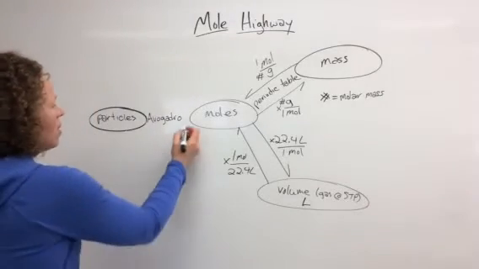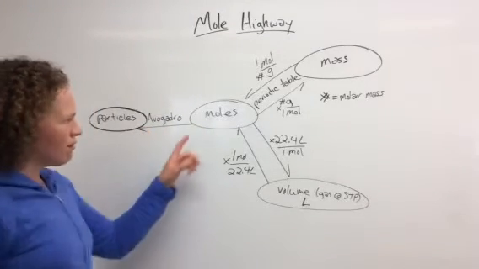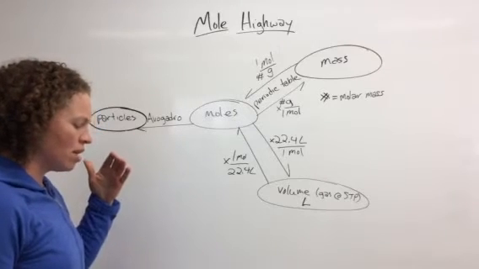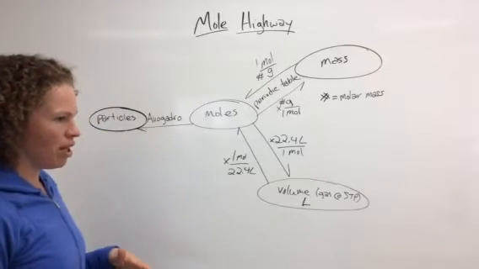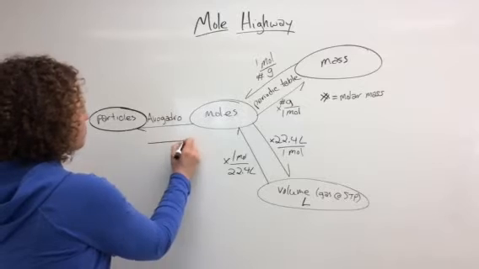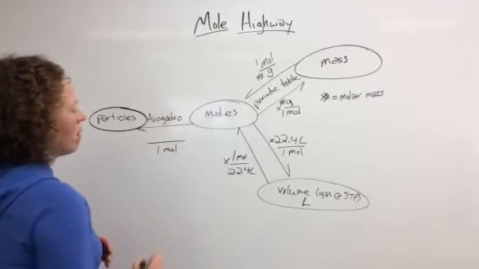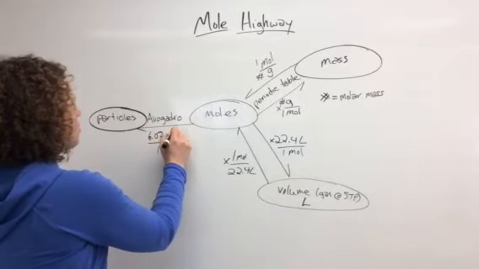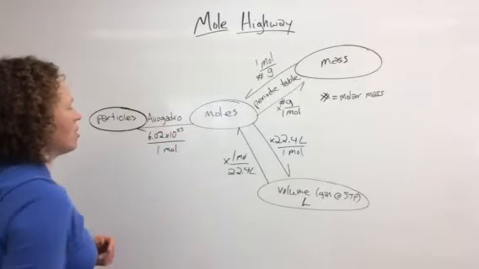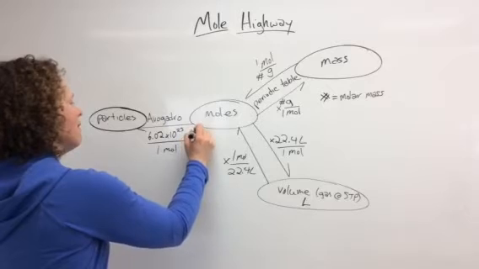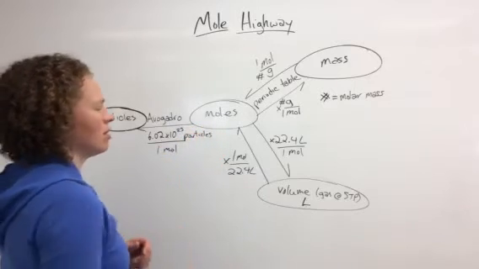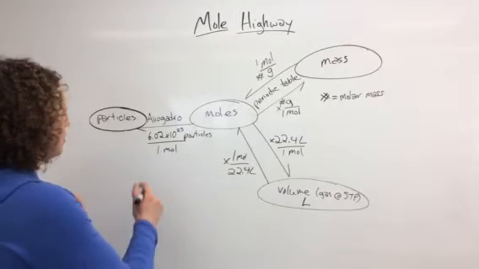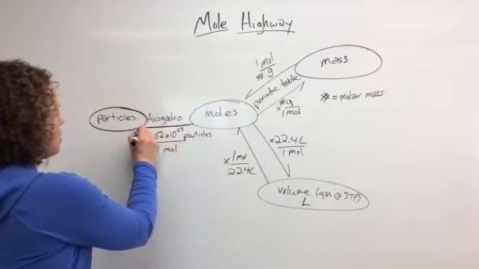All right, so that means that if I'm going from moles to particles, then I want to have the particles on the top and the moles on the bottom. 1 mole of any substance is worth 6.02 times 10 to the 23rd particles. Could be atoms, could be molecules, particles. All right, so that's going this way.